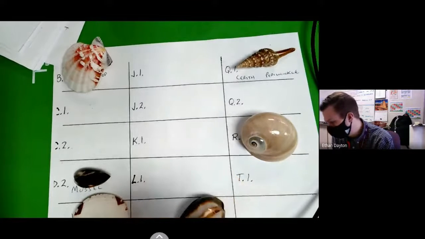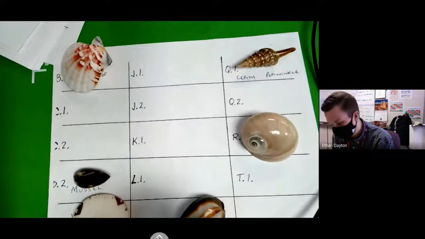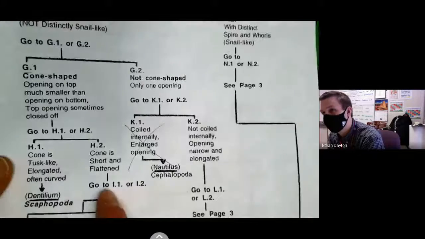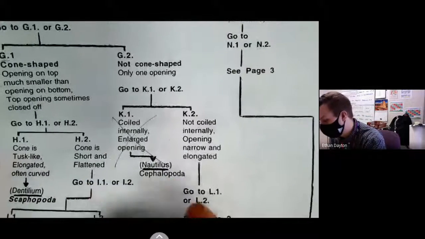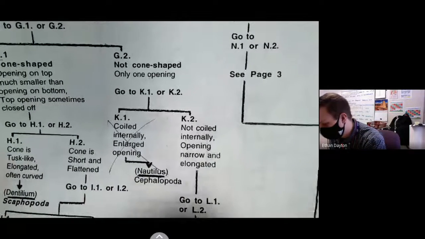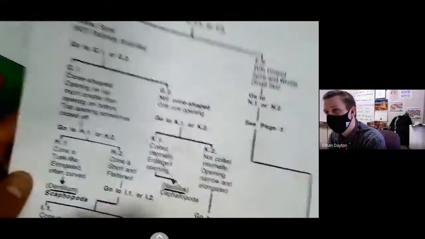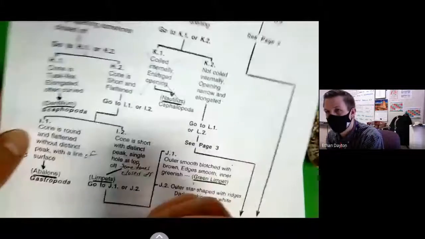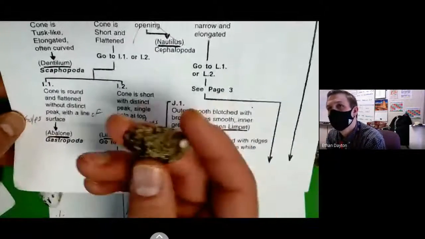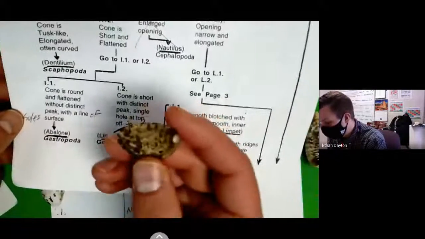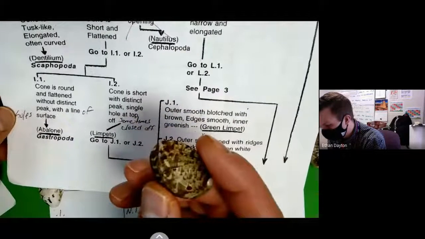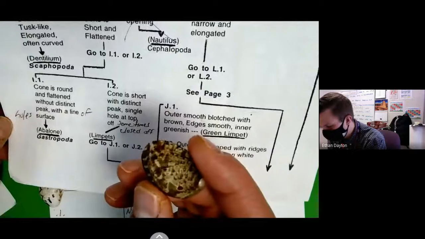Is the cone short and flattened? Oh, okay. I guess I see a little bit of a cone here. I'm going to go to H1 or H2. The cone is short and flattened, so there's a little bit of a cone on it. We go to I1 or I2. Is the cone round and flattened without distinct peak, with a line of holes on the surface?